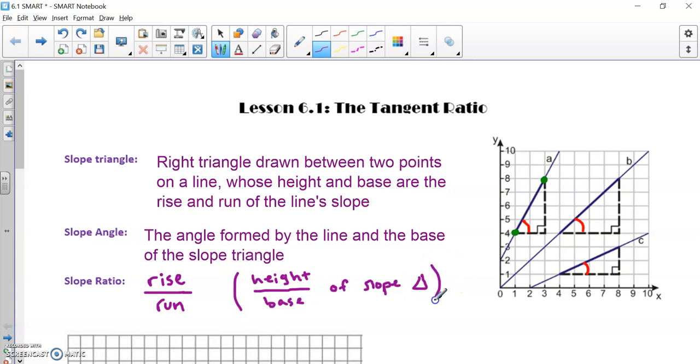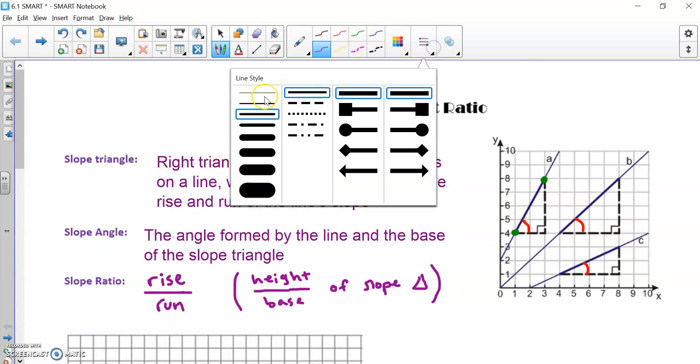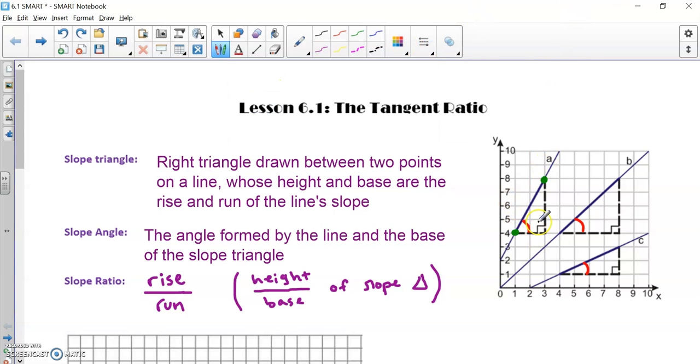Here, for example, I have a rise or height of 4 boxes and a run of 2 boxes, so my slope ratio is 4 over 2, which is just 2 when you divide. Here I have 4 boxes in the height and 4 boxes in the base, so this slope ratio is 4 over 4, which is equal to 1.